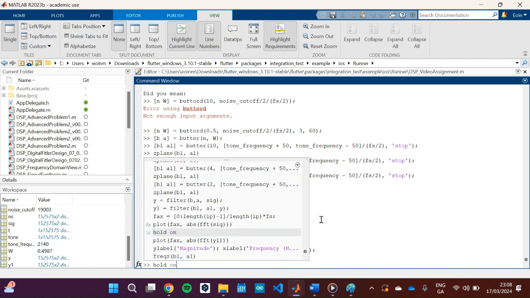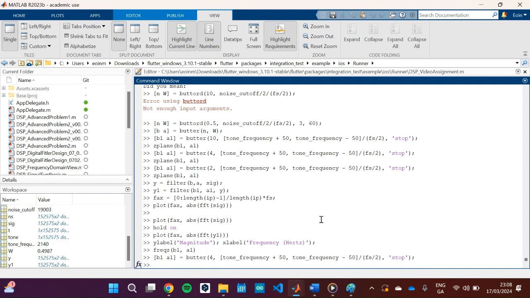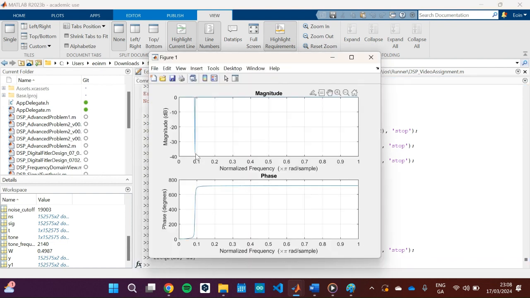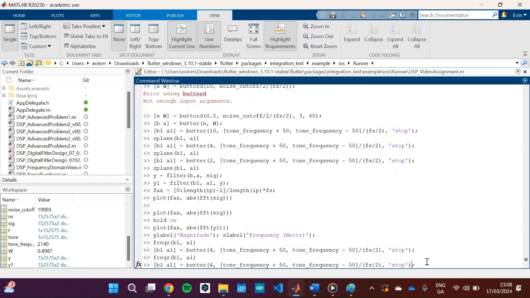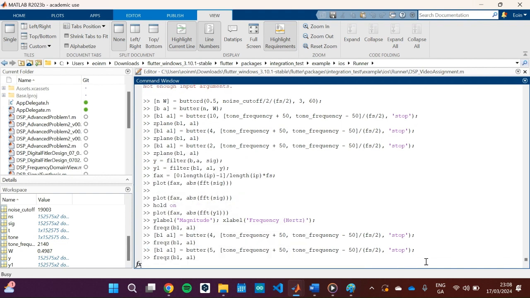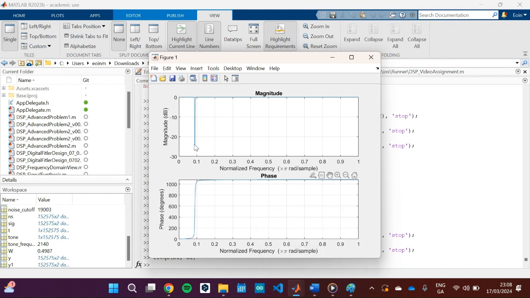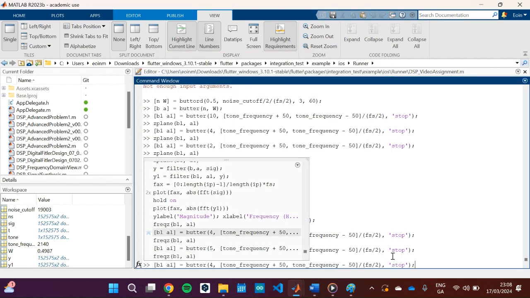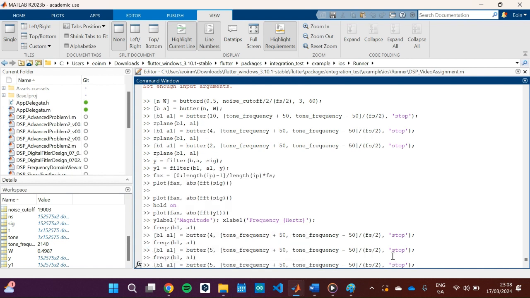If I change this to be 4, and I get the frequency from now, it's closer to 40 anyway. Maybe I have to change it to 5. I'm just doing this so that it attenuates by the right amount, which is at least 40 decibels. Maybe to 5, let's see. I'll try 3.